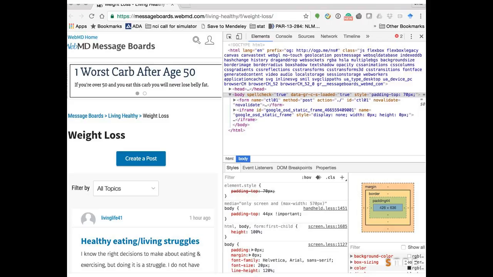I'm assuming at this point some of you might have questions around IRB. This is considered public observation because the WebMD online health communities, the message boards, are open to the public, and you don't need to log in to post.